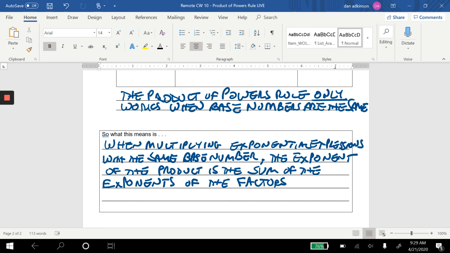And to write that in a more general algebraic form, any number x raised to the m power times that same x raised to the n power equals x to the m plus n power. And that is the product of powers rule.